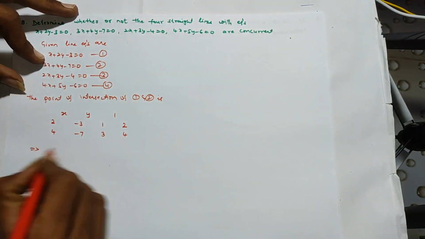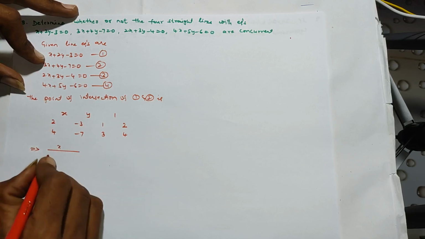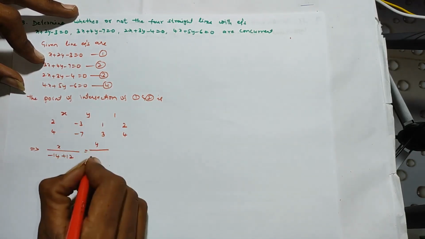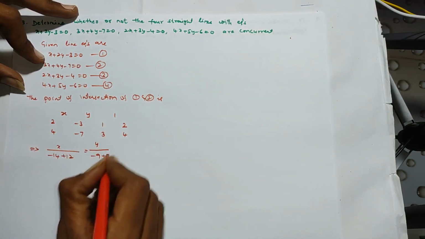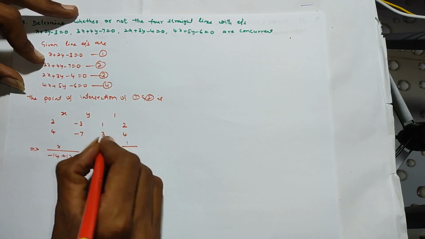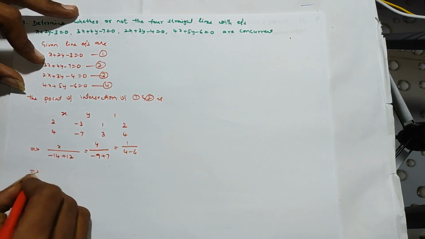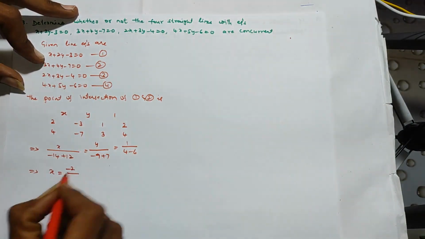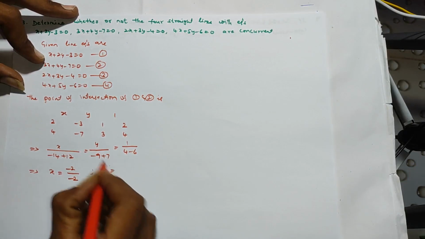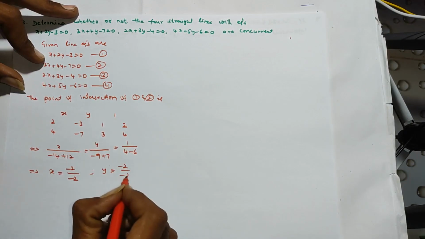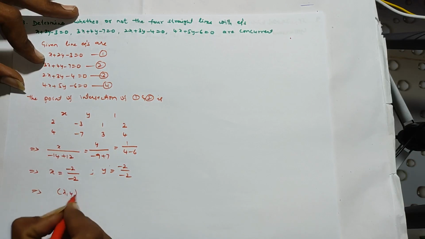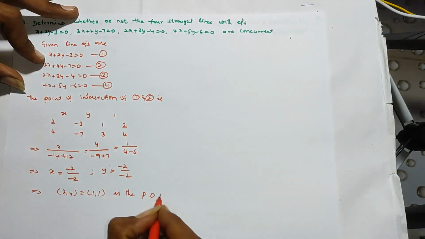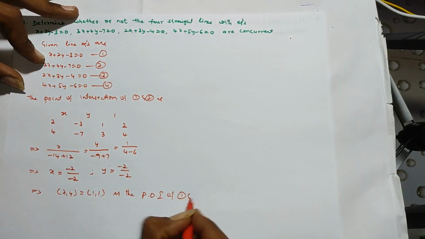So x/(-14+12) = y/(-9+7) = 1/(4-6). So x = -2/-2, y = -2/-2. So the x, y values are (1, 1), the point of intersection of 1 and 2.